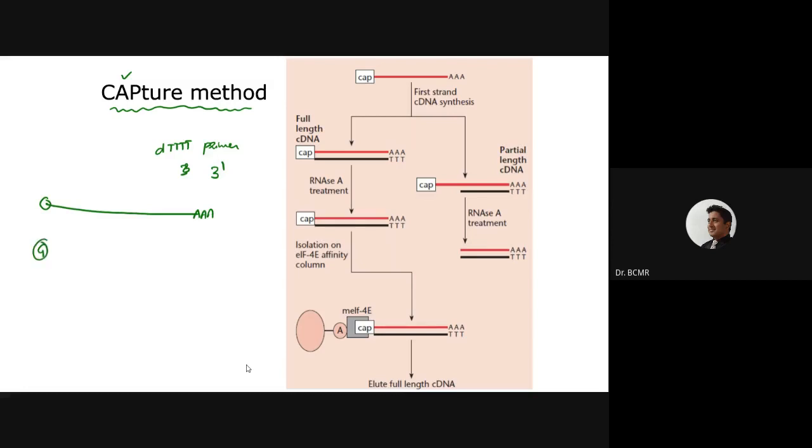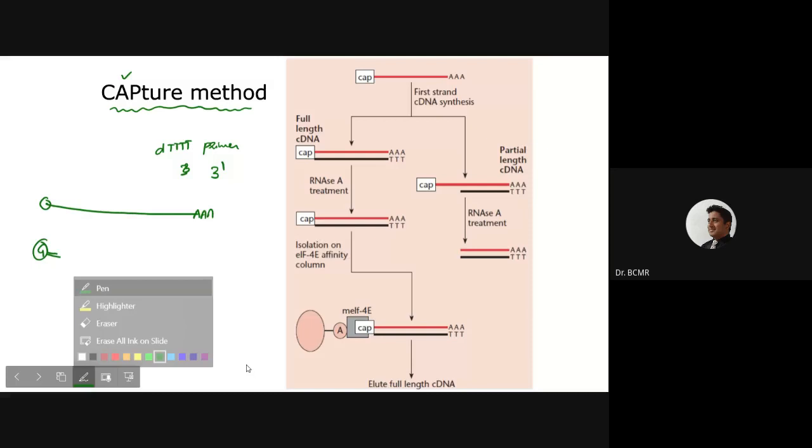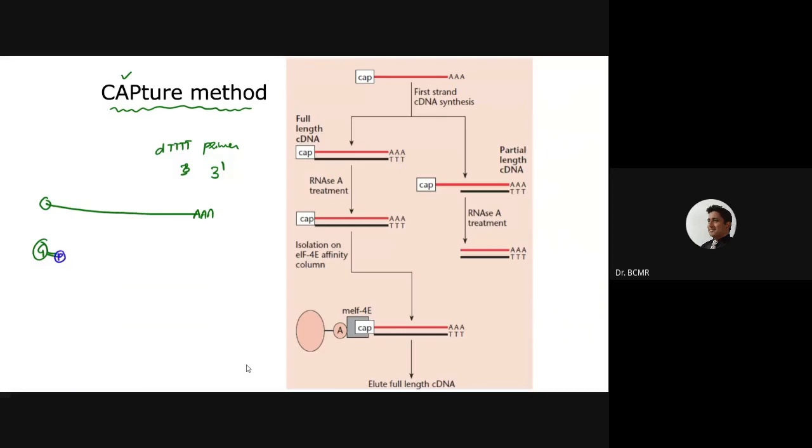So the G cap, again, simply I will put G like this. It is for protection, and it is also important for recognition during translation. So it is a unique kind of phosphate bonding. We need to read about it some other time.